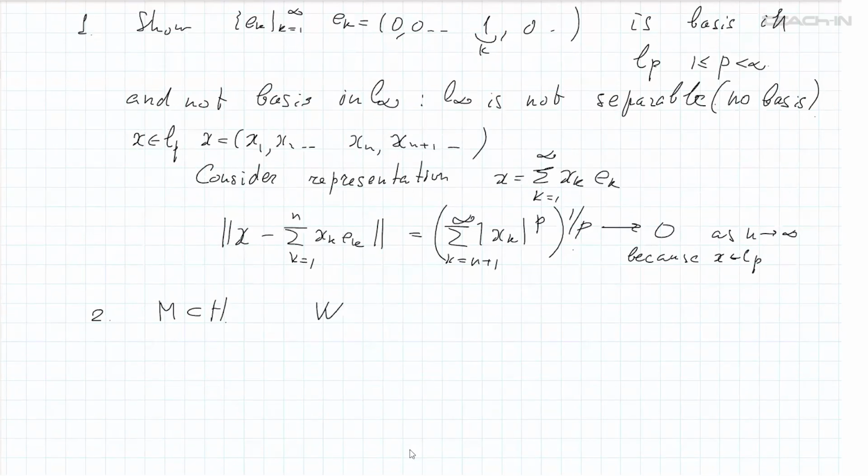We know that M orthogonal is a linear closed subspace.